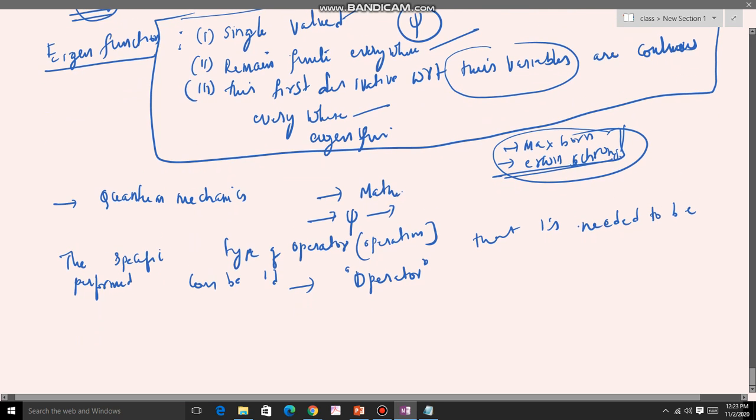So there are different operators. You will learn more about operators in your higher classes, but still I can say that all operators of quantum mechanics have eigen functions and eigen values.